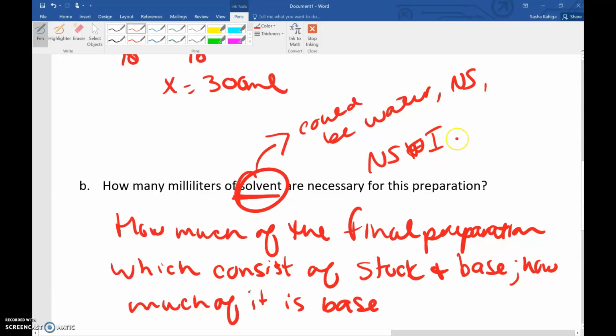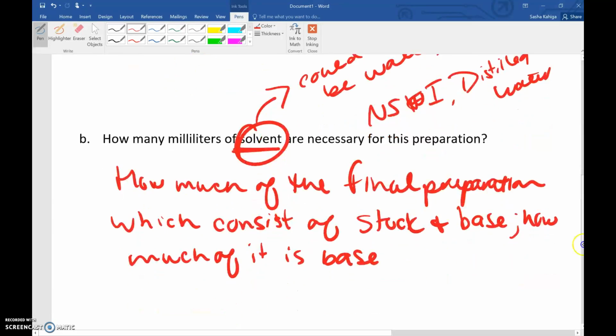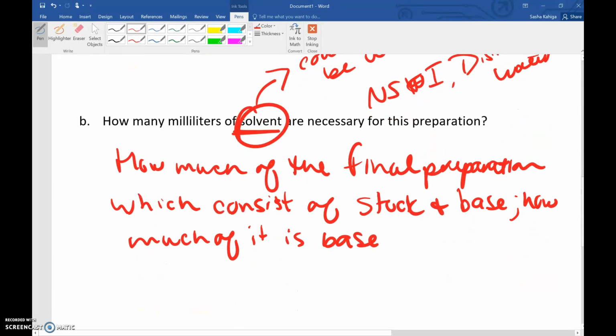It could be distilled water. But when it's asking you how much solvent was necessary to use, they're asking you how much base was necessary to use. In order to solve that, you need to remember this formula.